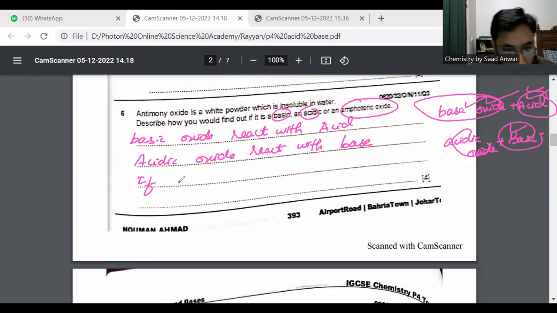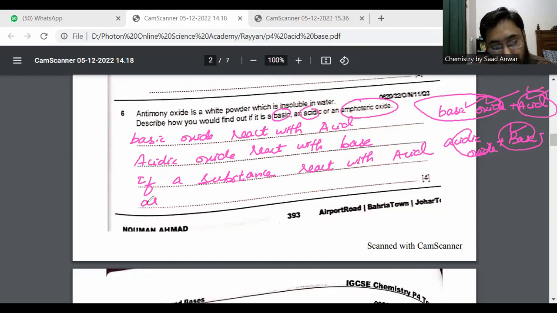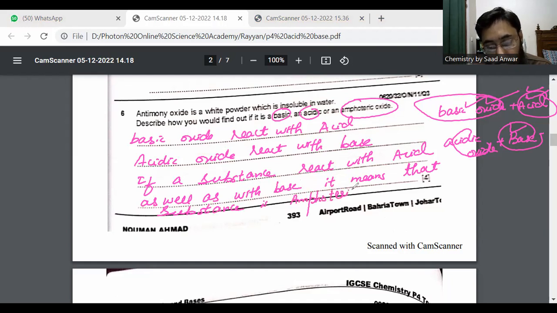And if a substance reacts with acid as well as with base, it means that substance is amphoteric. Okay.